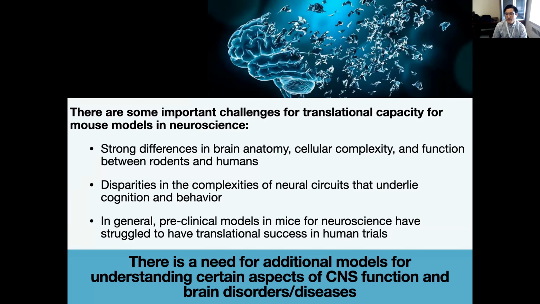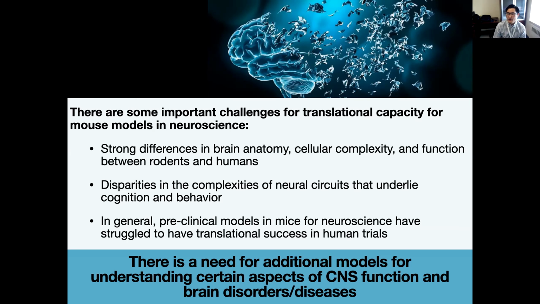Well, there are some strong differences, of course, in brain anatomy, cellular complexity, and function between rodents and humans, and we can all recognize this. At the same time, there are disparities in the type of circuits that might underlie cognition and behavior. And what has happened is that there are many preclinical models in mice in the field of neuroscience, but when these results get translated to clinical trials, there are challenges with respect to the efficiency and strength of these therapies in human trials.